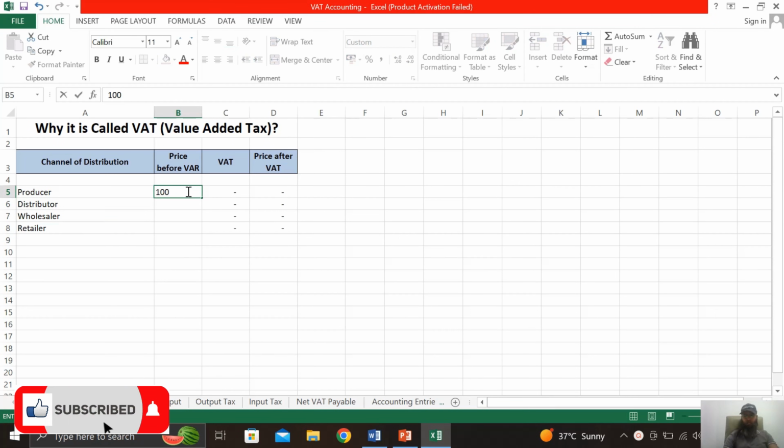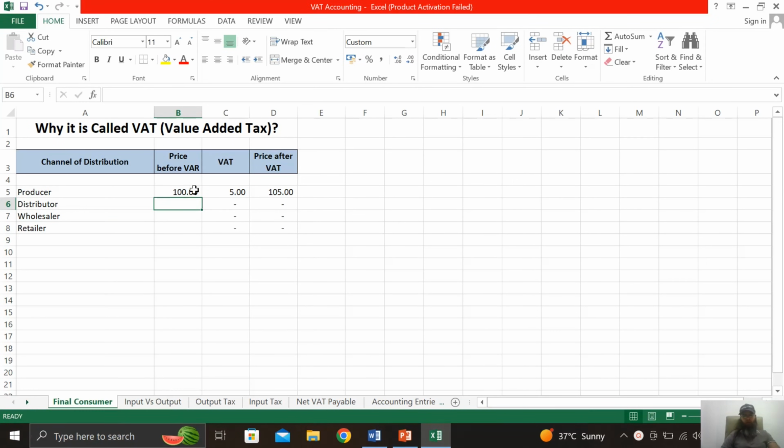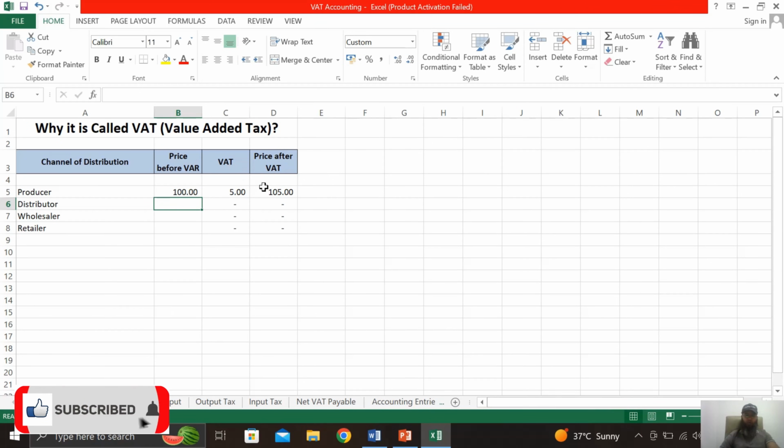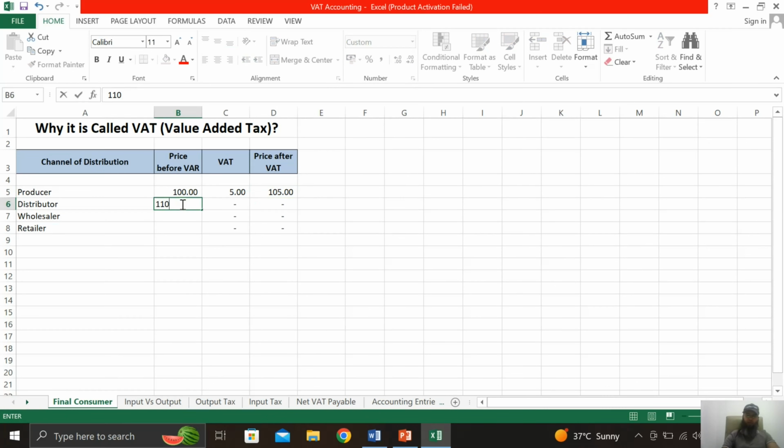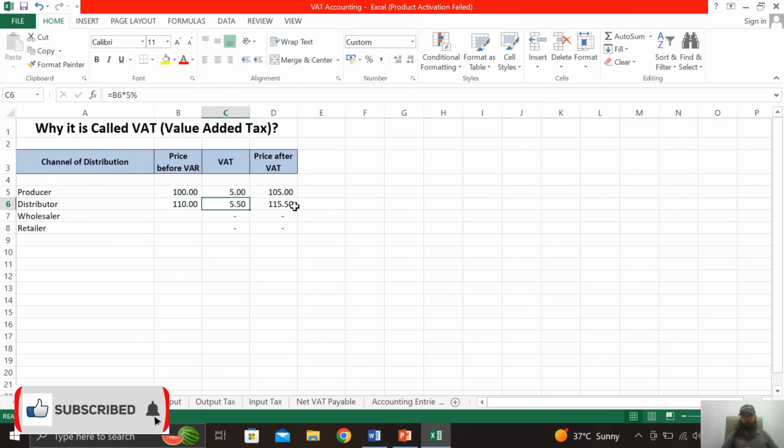Suppose he is charging 100 dirham. If we charge 5% VAT, it will be a price of 105 after VAT. Then the distributor will buy at 105 and sell with his margin at 110 dirham. When we calculate 5% VAT on 110, the price after VAT will be 115.5.